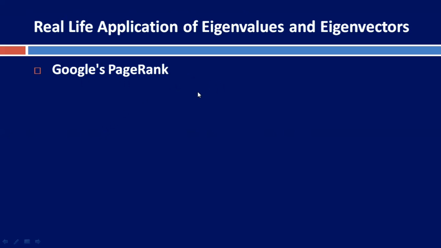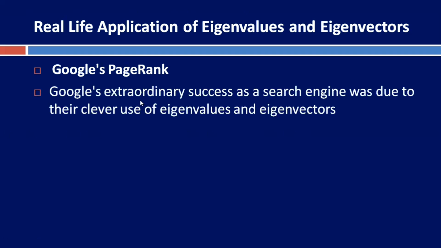Okay. So next, Google's extraordinary success as a search engine was due to their clever use of eigenvalues and eigenvectors. You see, when you search Google for a formula about matrices, you find all the pages which include formulas about matrices. It never happens that you search about matrices and Google gives you results about other topics.